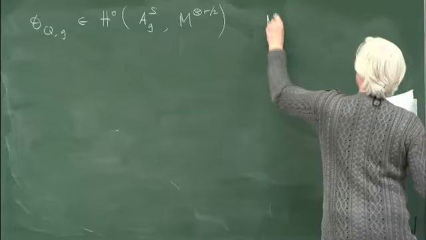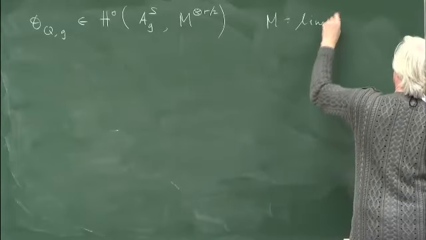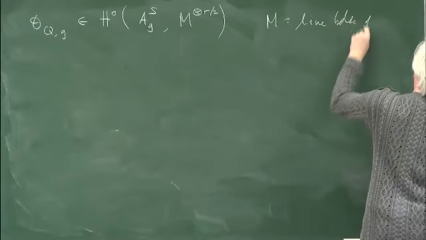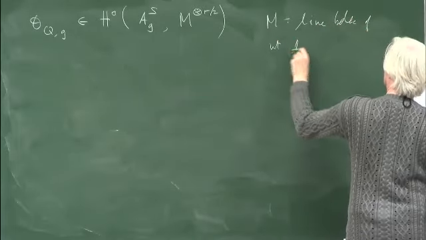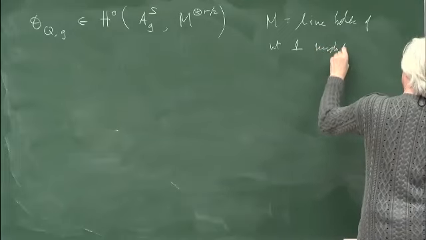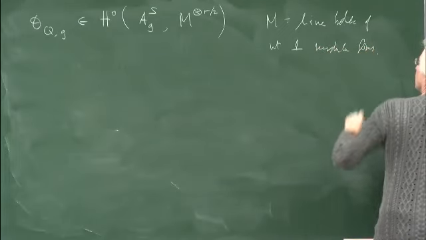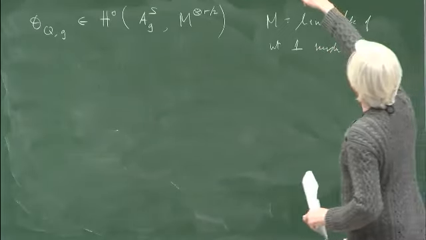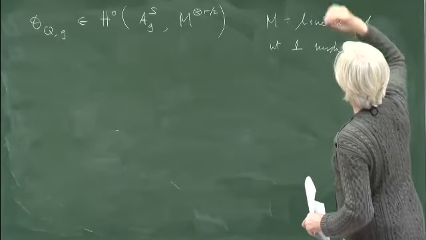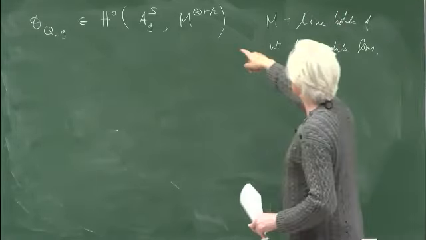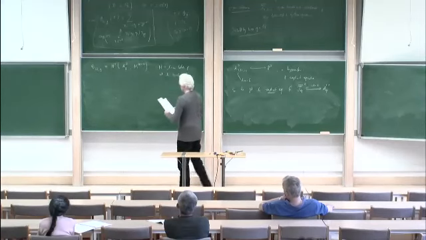So M equals the line bundle of weight 1 modular forms. So what I'm saying is that if I've got a quadratic form like this of rank r, my theta series is a modular form of weight r over 2.